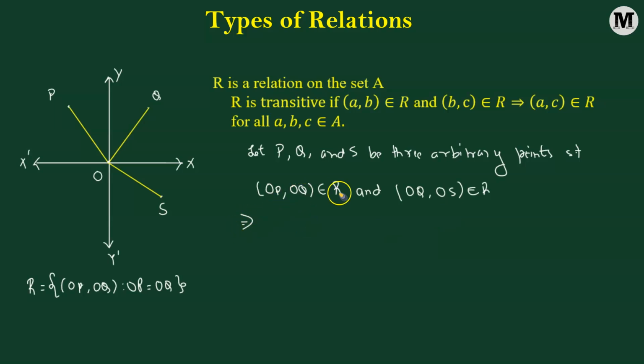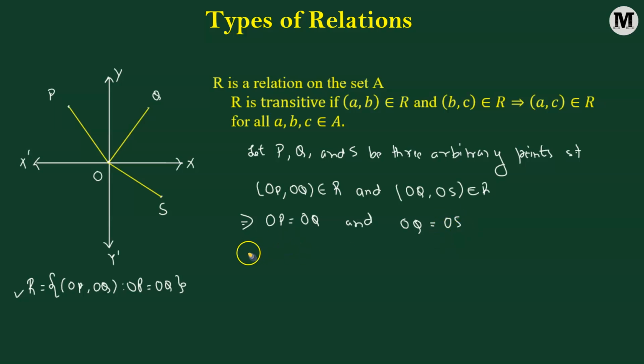(OP, OQ) belonging to the relation R simply means that OP equals OQ. That's already defined in the relation R. And the ordered pair (OQ, OS) belonging to the relation R tells us that OQ equals OS.